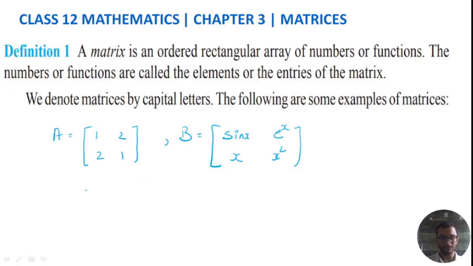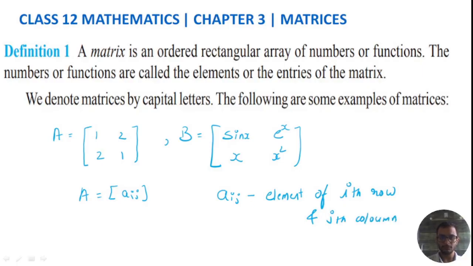Now if we want to write matrices in general, we write A equals this way, Aij. What does this Aij mean? Aij means the element of the ith row and jth column.